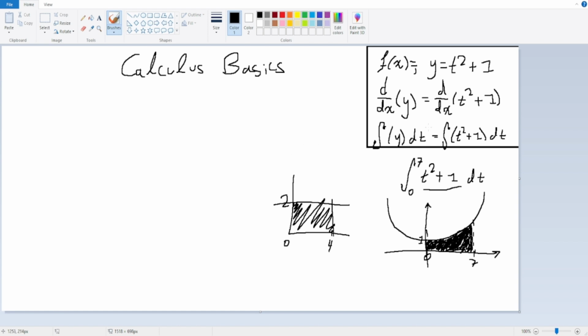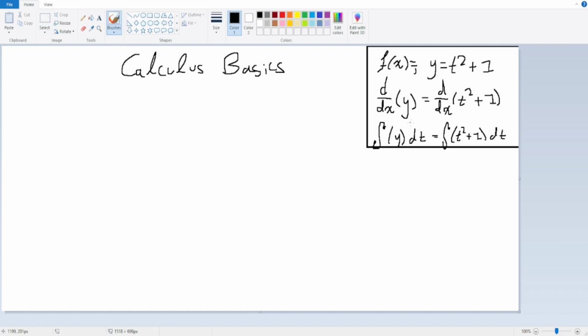But with an unbounded integral, like going back to this one here, it would be the area under the curve from negative infinity to infinity, whatever that area is. But it gives you a function to figure it out with the bounds. Okay, maybe we went a little bit too deep, but it is just the area under the curve. That is what an integral is.